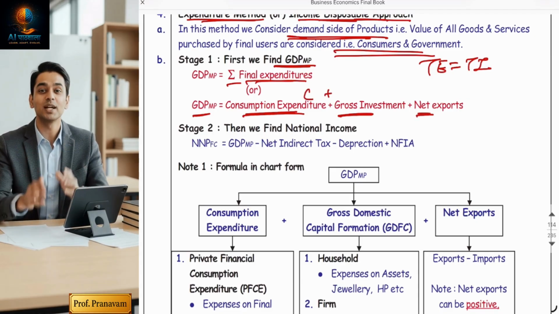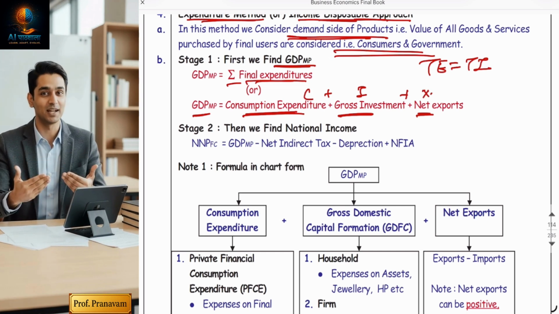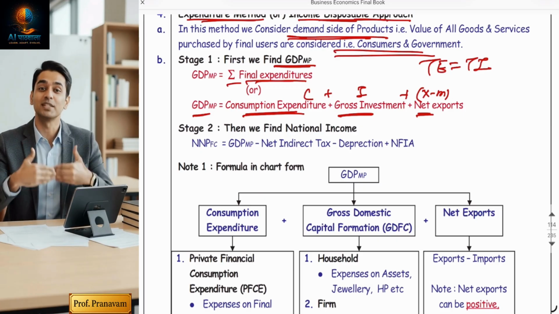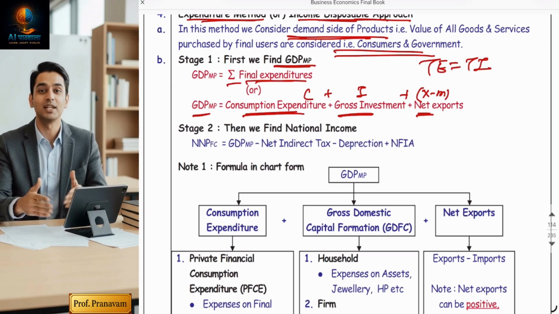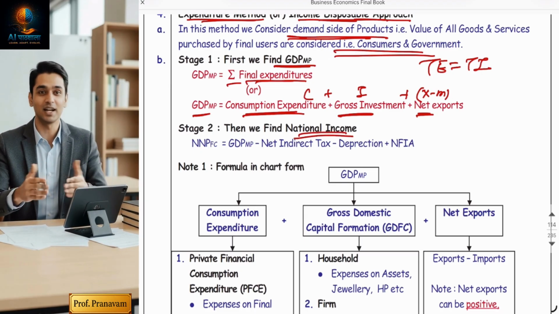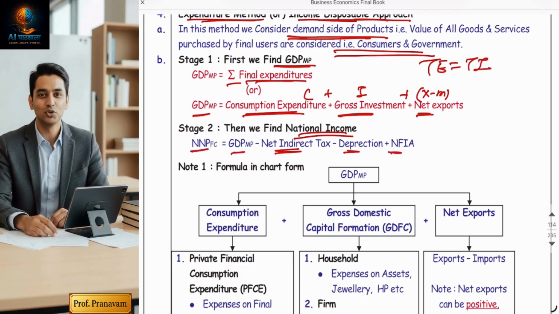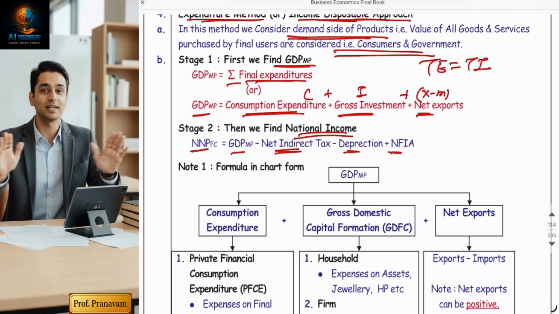It's C plus I plus net exports, X minus M. This consumption expenditure and gross investment is done by consumers as well as government. After finding GDP, we have to find national income. The formula is the same: GDP minus net indirect tax minus depreciation plus NFIA. So you will be getting your national income, right?